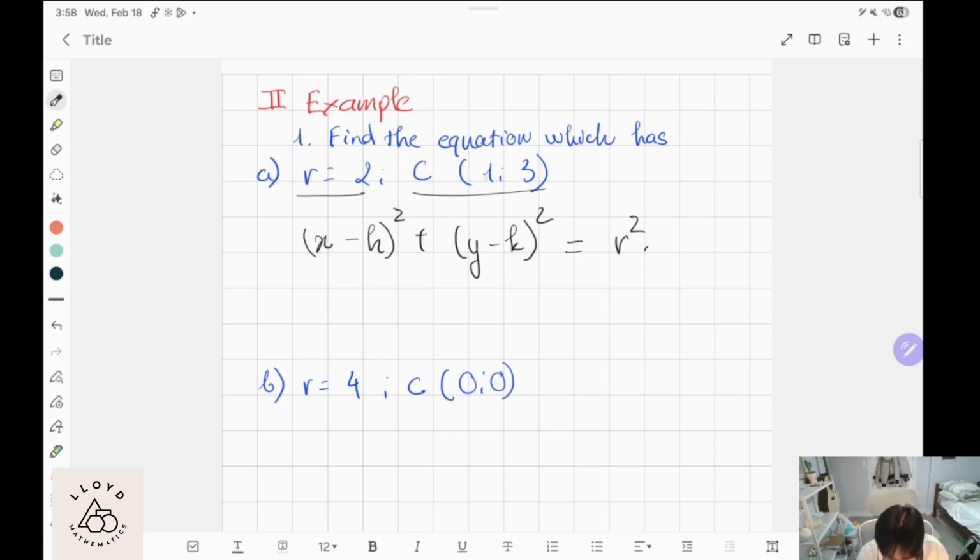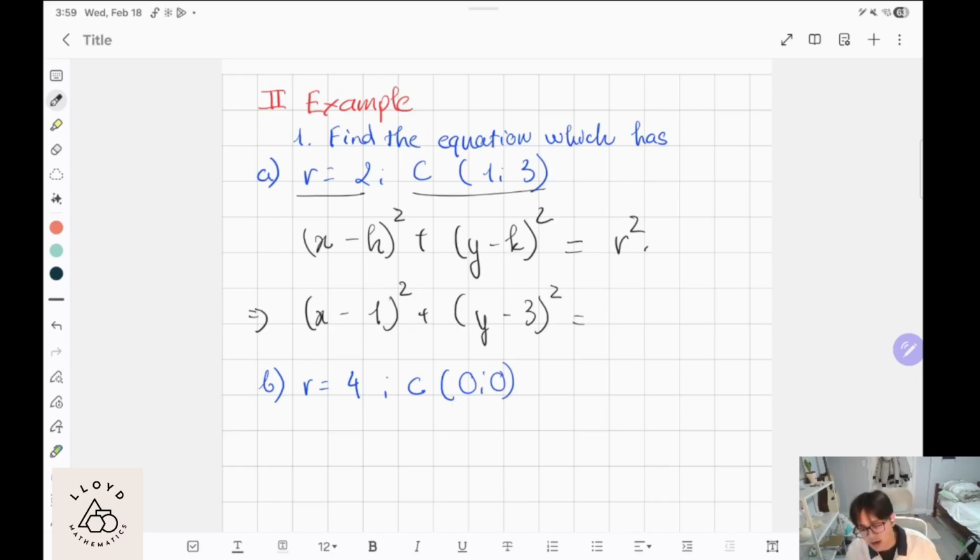We replace h with the x coordinate of C, which is 1, and k with the y coordinate of C, which is 3. So we get x minus 1 squared plus y minus 3 squared.